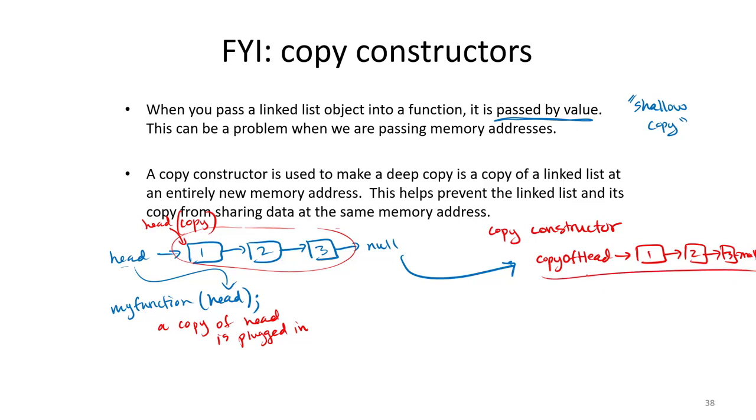So in this case, the copy constructor is used to make what's called a deep copy at a unique memory address. So rather than just copying the head pointer's memory address, we create a copy of the entire linked list at a unique memory address. So a unique, separate memory address.